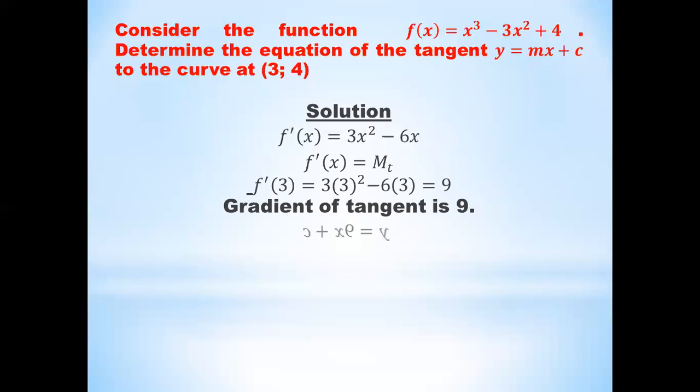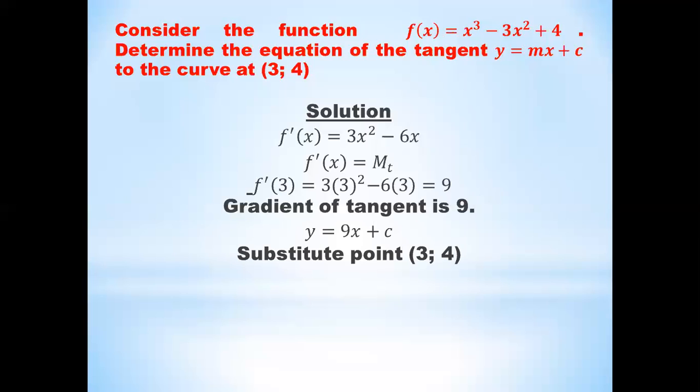So, what next? We have the equation of the tangent as y is equal to mx plus c. We got the m of the equation of the tangent, which is 9. So I'll write y is equal to 9x plus c. What else do we need to find? We need to find c. So how do we find c? You take the x and y coordinates of which point? You don't just use any point.